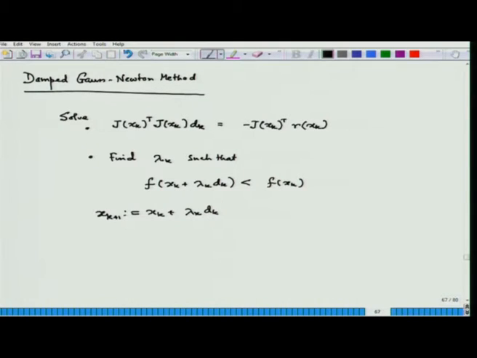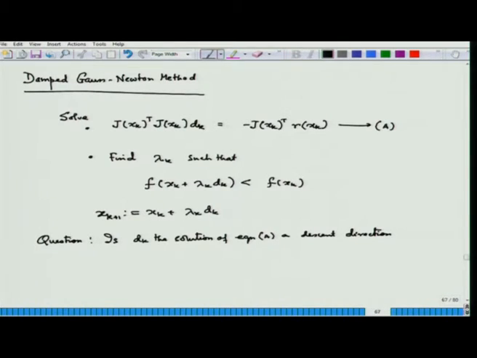Now, the question is, will this be a descent direction? You can take this as homework. If I call this equation A, for example, is d_k, the solution of equation A, a descent direction? That is very important to know.